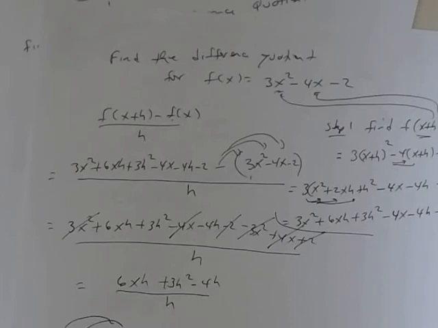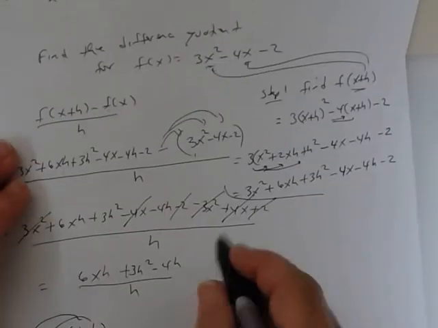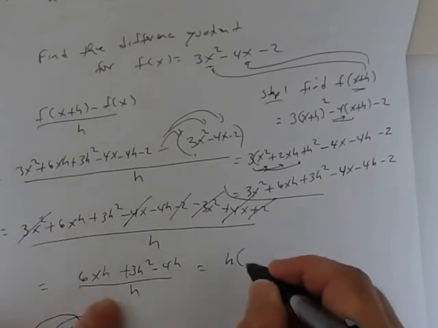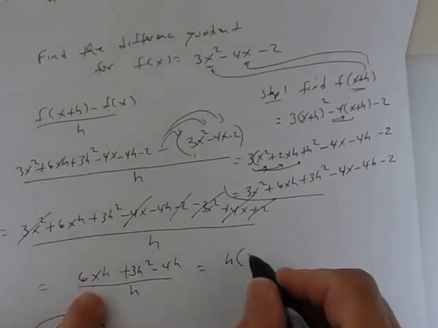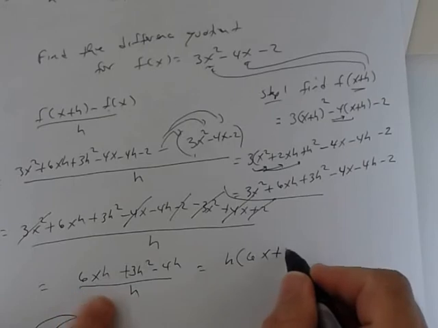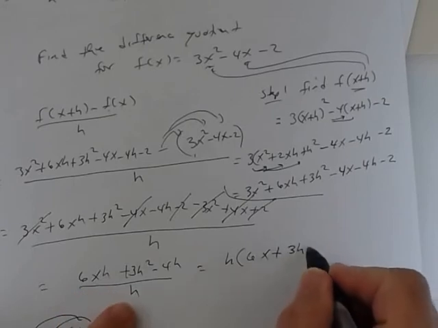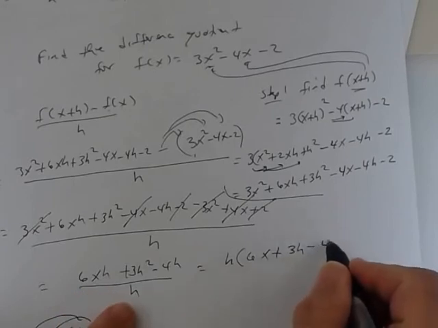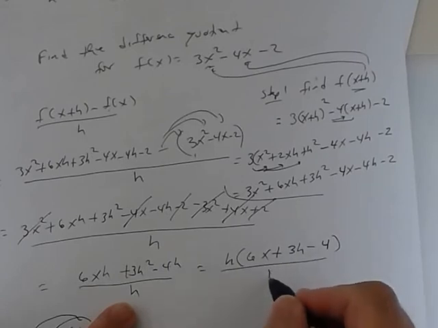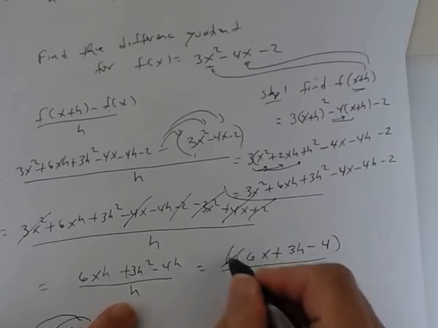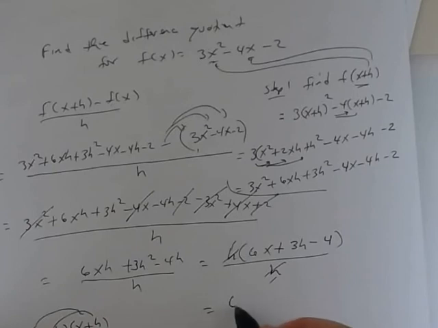Now when you factor out, notice what's going to happen. Watch. You're going to get h times, and then what does this become right here? Plus? Minus? All over what? And now these h's divide out, and what's your answer?